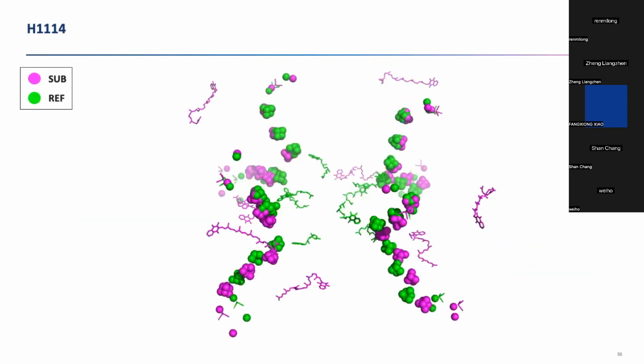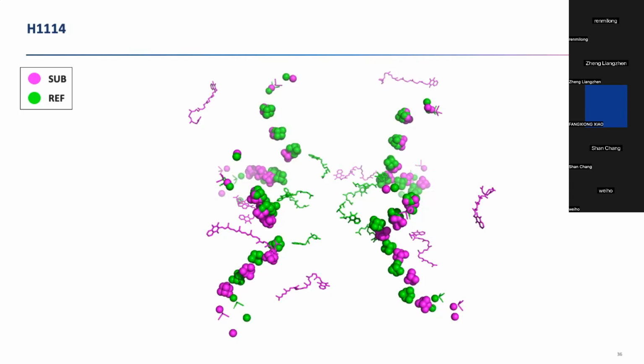If we take a closer look at that, what we're looking at here is we've taken the protein out and we're just looking at the superimposed ligands. So in green, we have the reference from the cryo-EM structure. In magenta, we have the submission. So you can see that these iron clusters fit quite well.